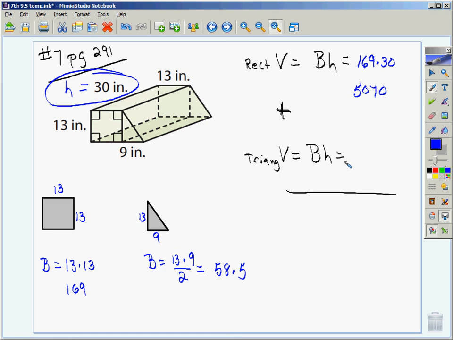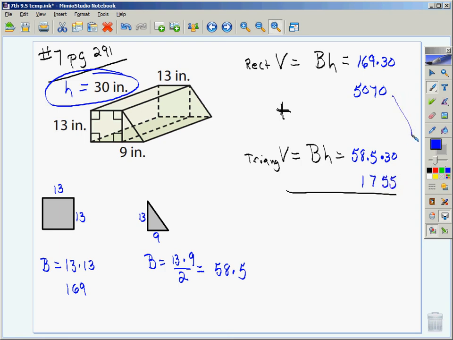Okay? The triangular prism, what do I put in place of B? 58.5. What do I put in place of H? 30. Which is 1,755.